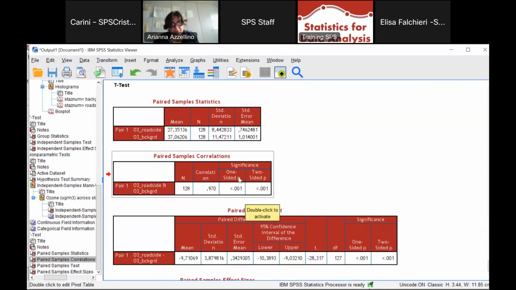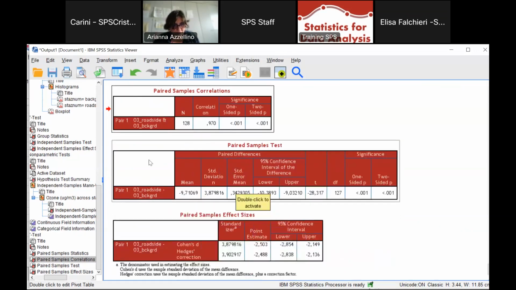And we have also a test associated to this coefficient of correlation being equal to 0. So again, we strongly reject the hypothesis that this correlation coefficient is equal to 0, meaning that the two values are really correlated. And this is the pair sample test.